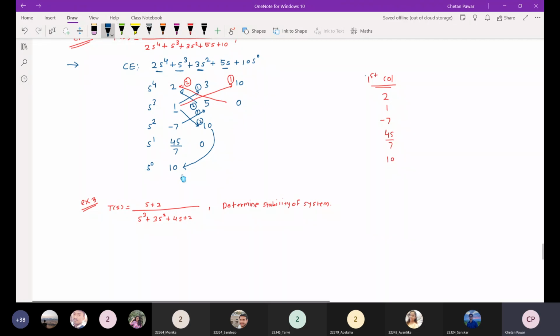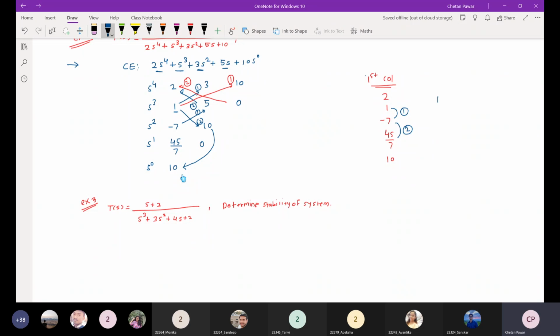So you need to start from the first element. First element sign is positive. Okay. So when you go to the second element, sign is also positive. So no sign change. But here you can observe one sign change from 1 to minus 7. And similarly here you can observe one sign change from minus 7 to 45 by 7. So this is second. So there are two sign changes.